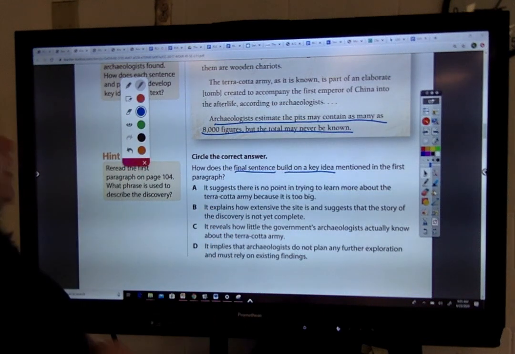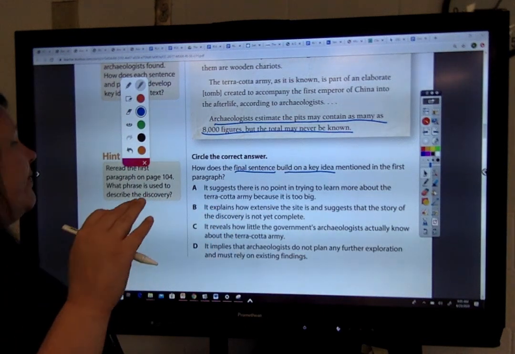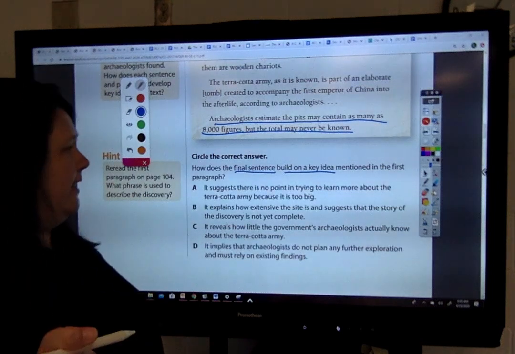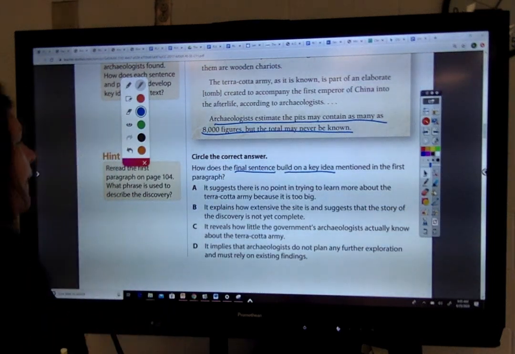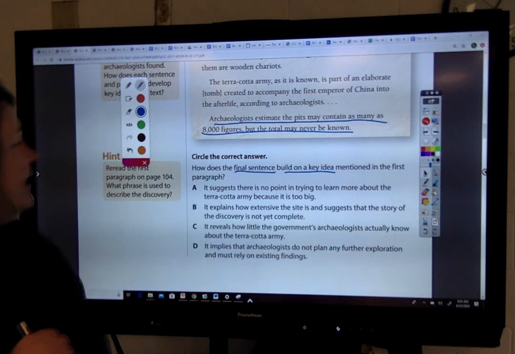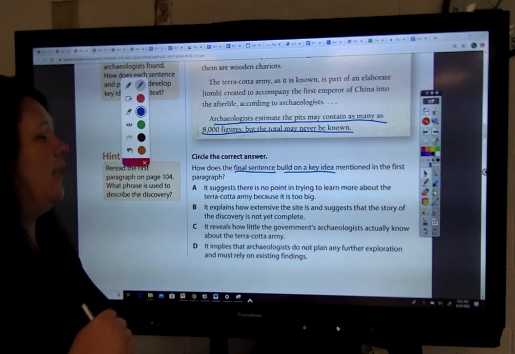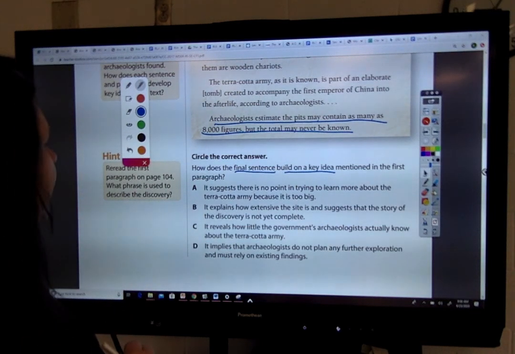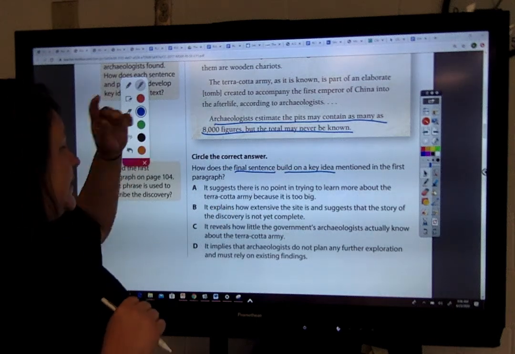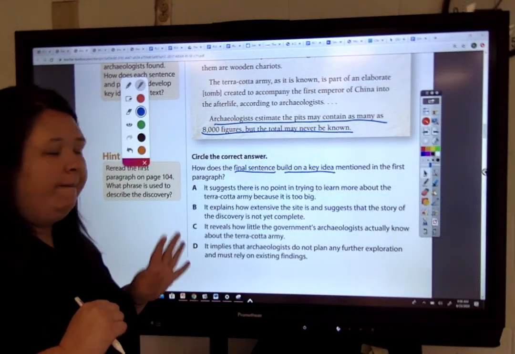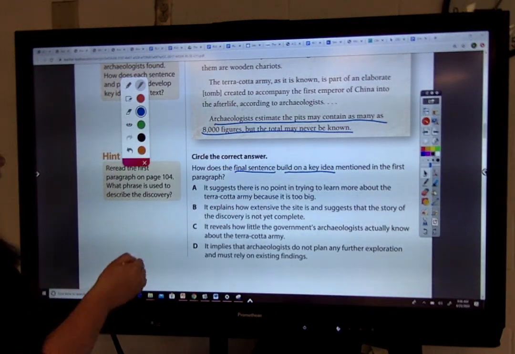So you would need to go back and see what the key idea is in the first paragraph. Let's look at A. It suggests that there is no point in trying to learn more about the terracotta army because it's too big. Okay, is that what this last sentence talks about? No. All right.